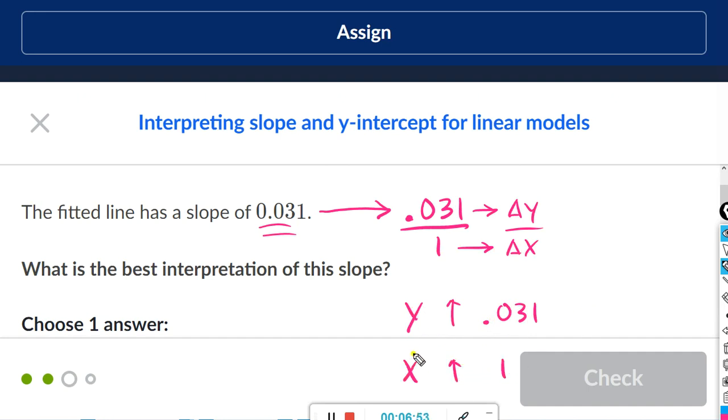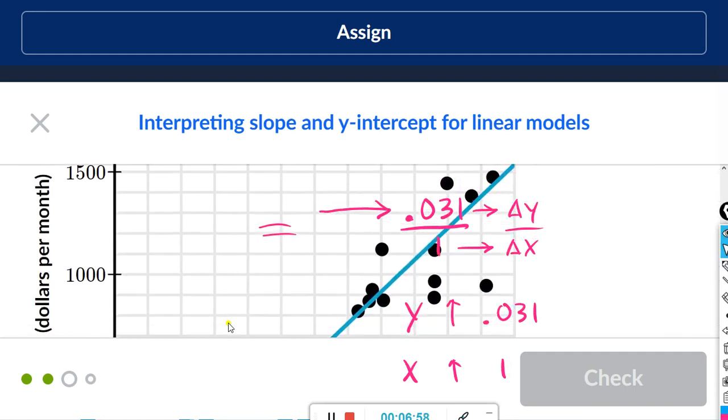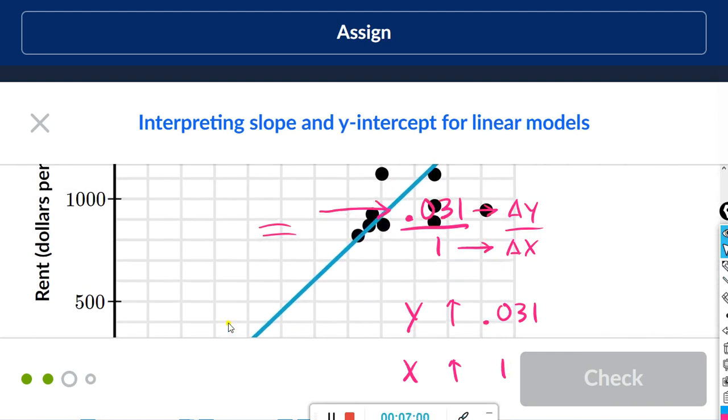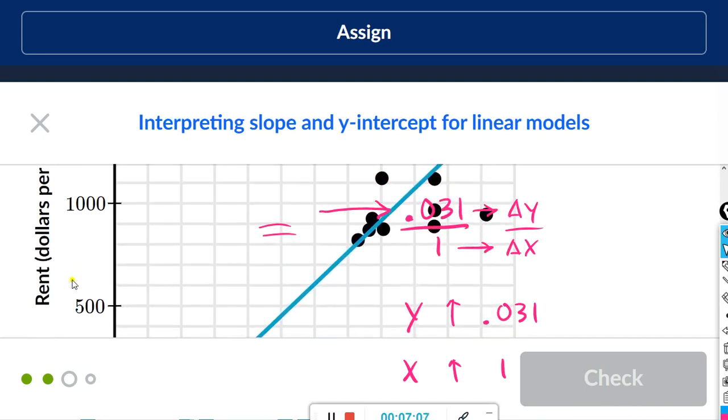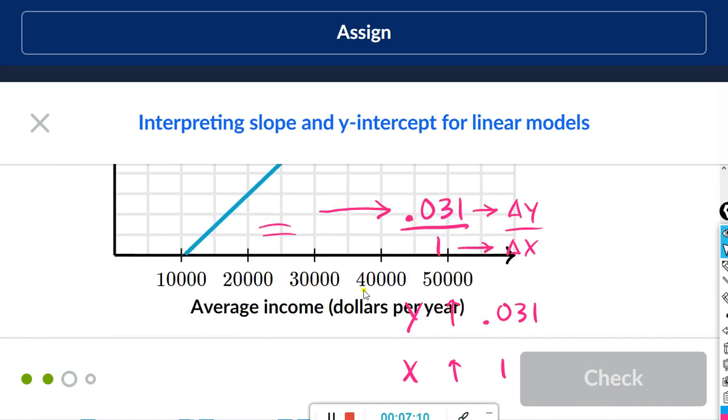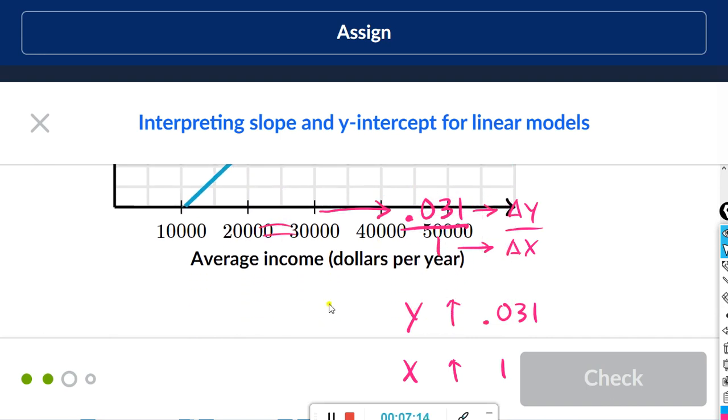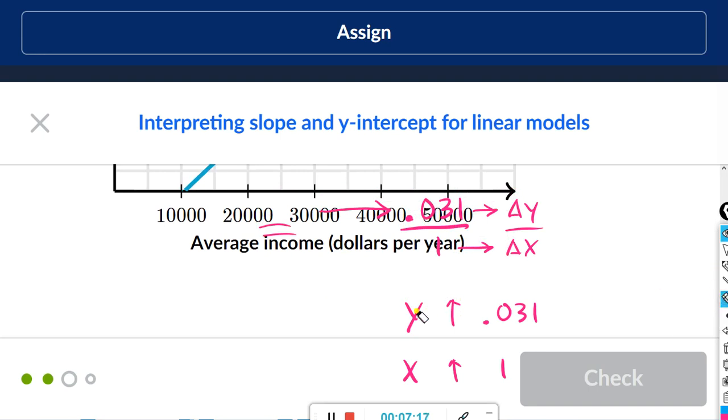Let's see what x and y represent on the graph. The y-axis, the vertical axis, is rent in dollars per month, and the x-axis is the average income in dollars per year. So in place of y, I'm going to write rent, and in place of x, I'm going to write income.